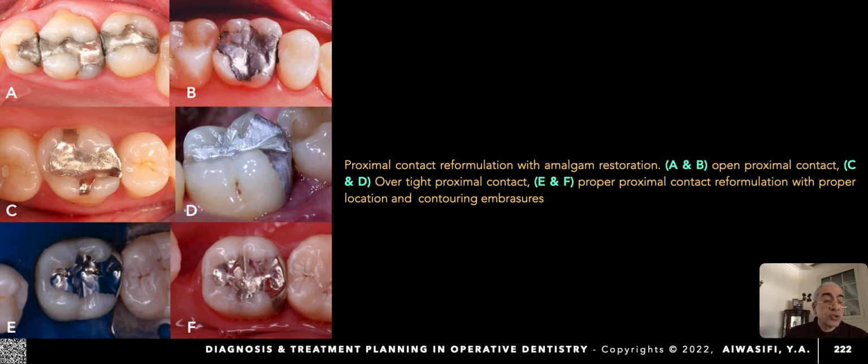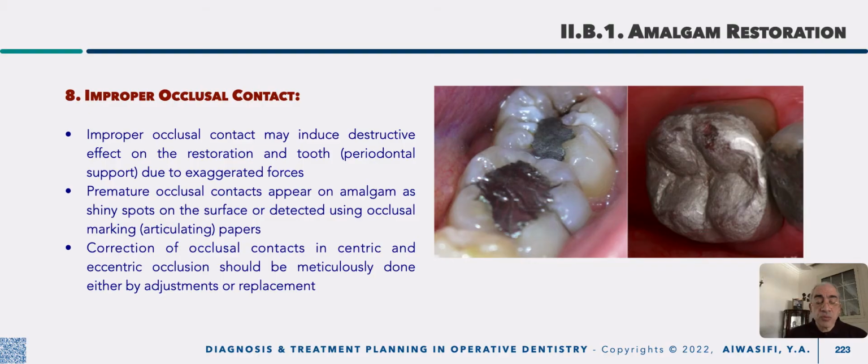You could note for C the operator is altering the embrasures, buccal and palatal embrasures. For D, you could note the inflammation of the interdental papillae. For E and F, those are proper contact reproduction, in dimensions and in tightness. Improper occlusal contacts means that either you overcarved or undercarved your restoration.